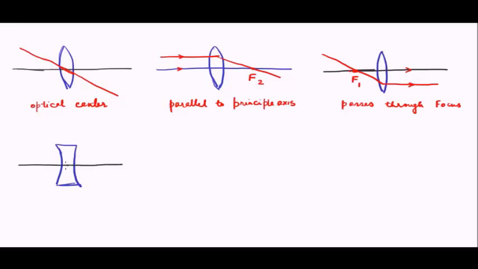This is the optical center, and in this case too, a ray of light which is coming straight and passing through the optical center will pass through undeviated, exactly like what happened in the convex case. This is the convex case, this is the concave case. The second scenario, parallel to this, let's draw it.